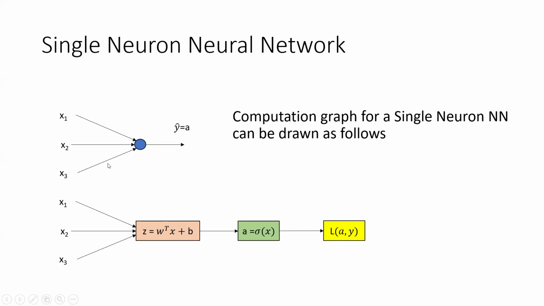Once you get the linear combination of the input values and the weight values and apply the activation function to that result, you get the activation value. This activation value is the predicted value of this particular neuron. The predicted value is represented by y hat. It can also be written as a because it is an activated value, right? The activation value is the real output of a neuron.